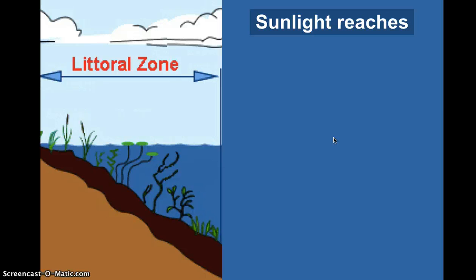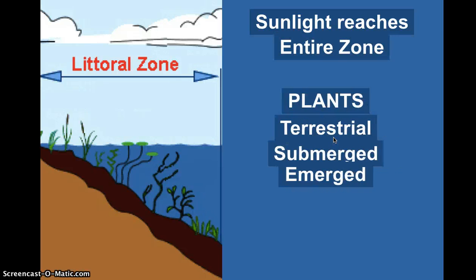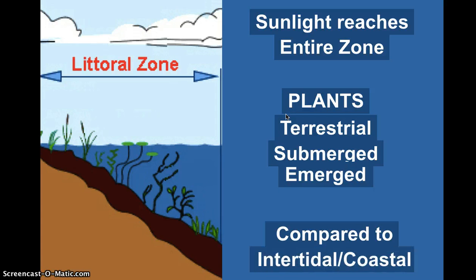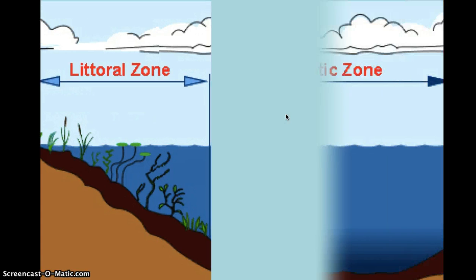As you swim out, sunlight penetrates the entire zone, and if you're going to think of plants in this zone, they're terrestrial and aquatic. They can sustain both types of environments, and sometimes they're submerged and sometimes they're emerged, as you see in the picture. And as I mentioned before, compared to intertidal or coastal.